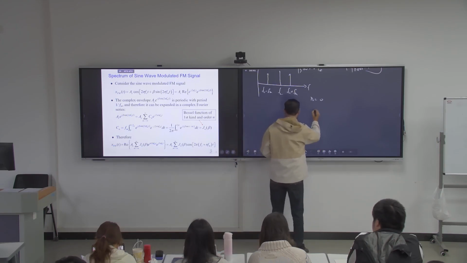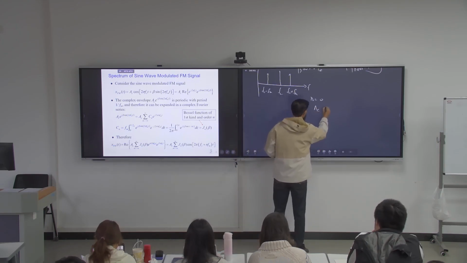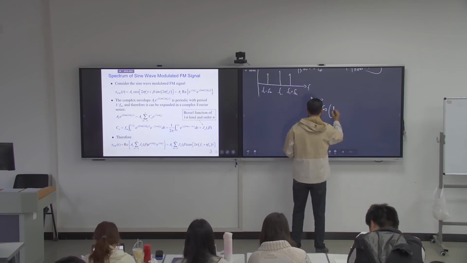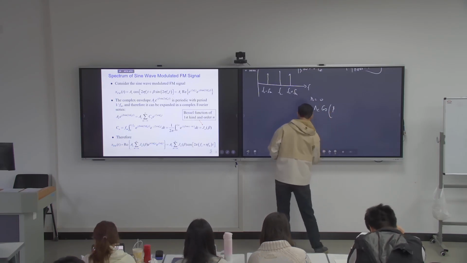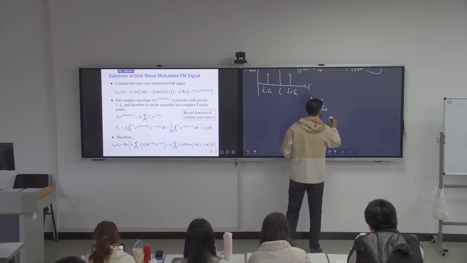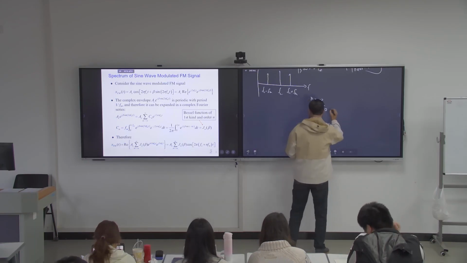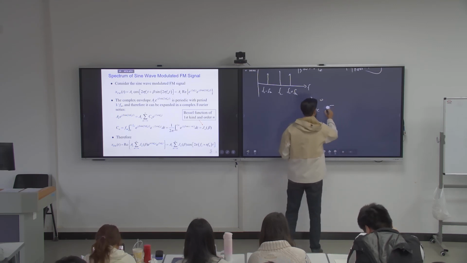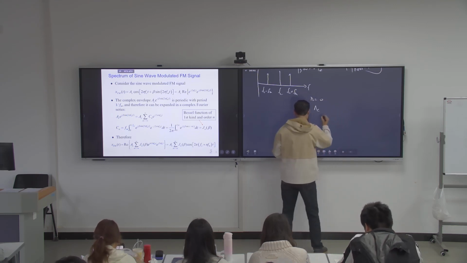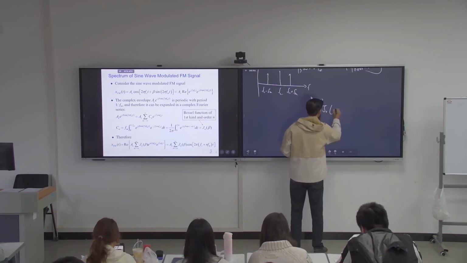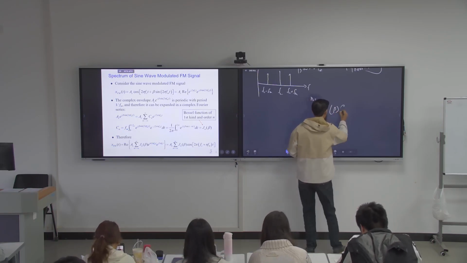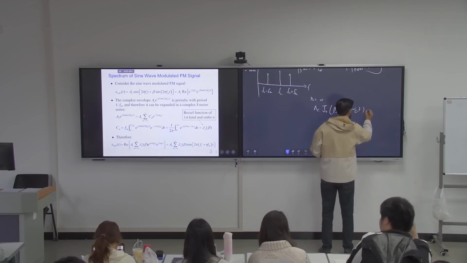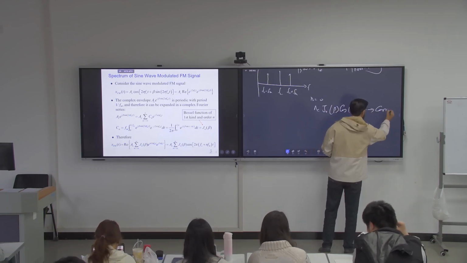You get AC J0 beta cos omega ct. Well, omega is 2 pi fc t, right? So what is this? This is the carrier, right?